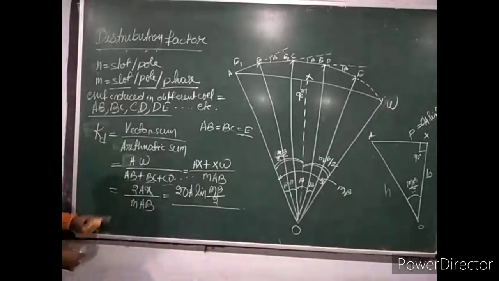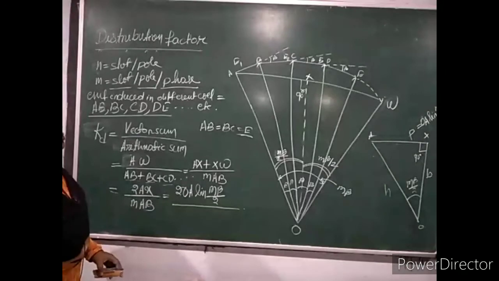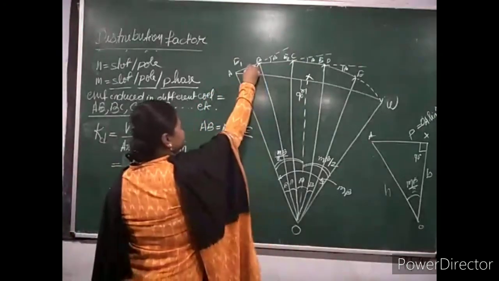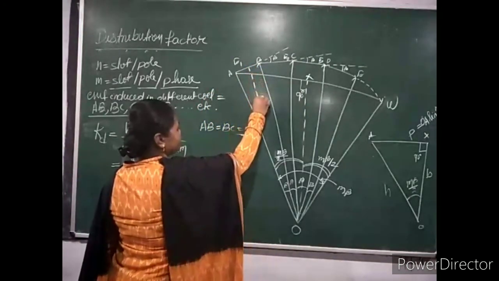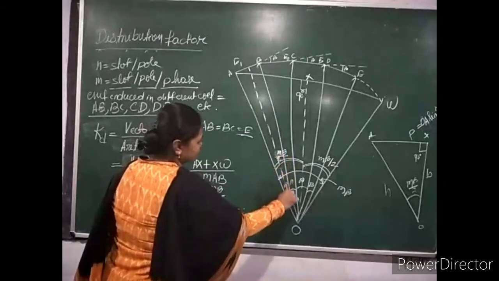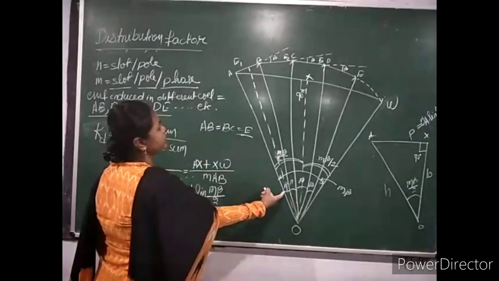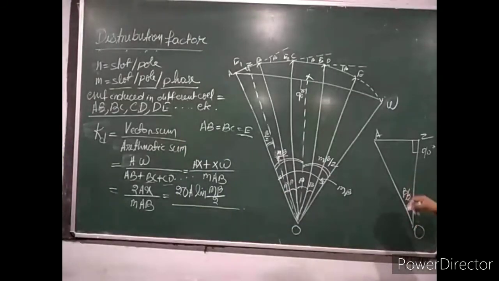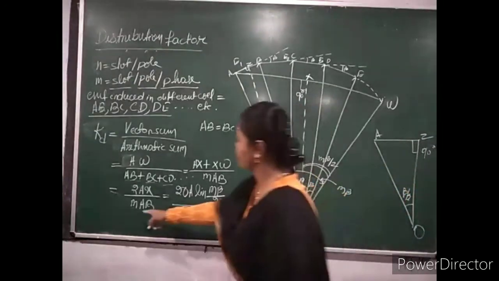Next we find AB. For finding AB, you draw a perpendicular line from the origin. If this angle is beta, what is AB?